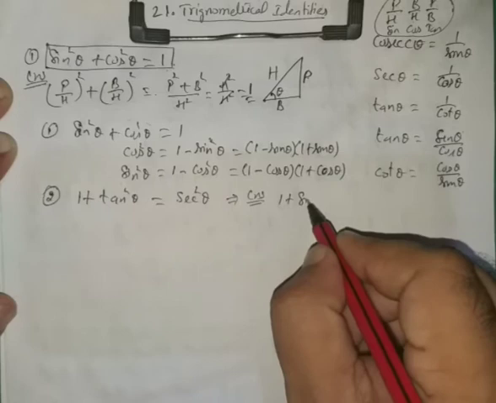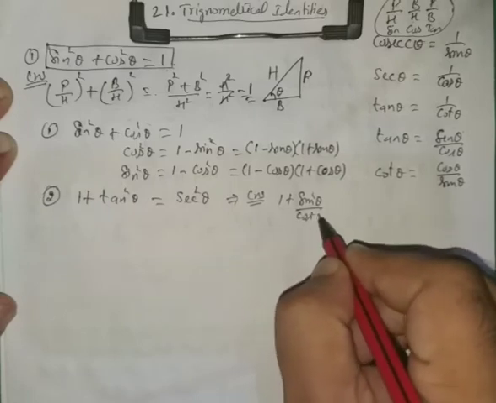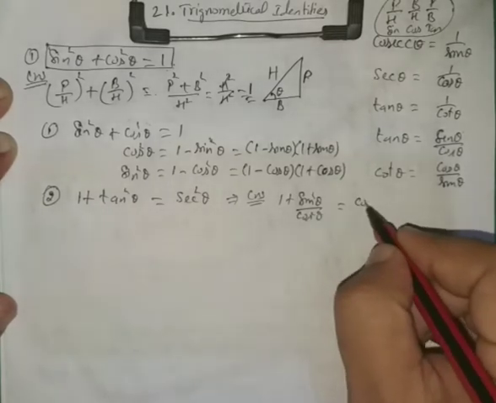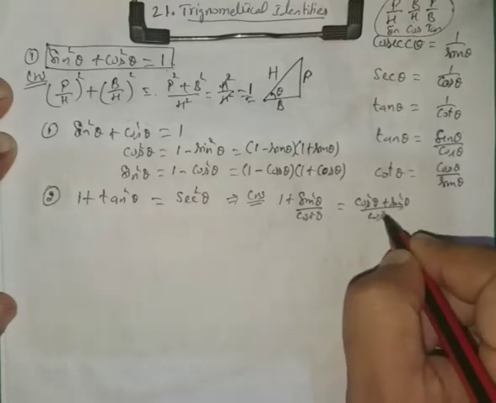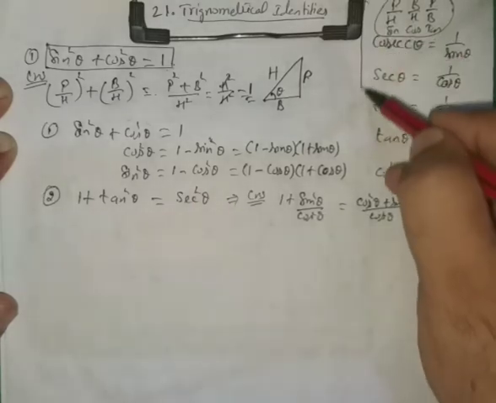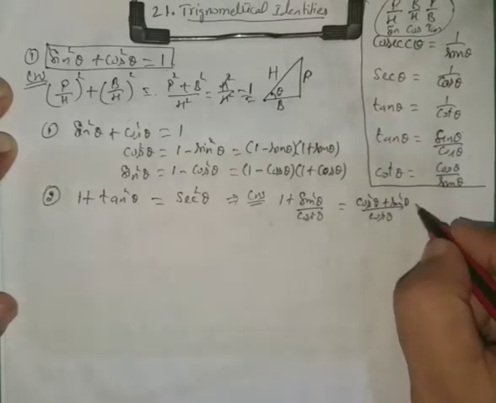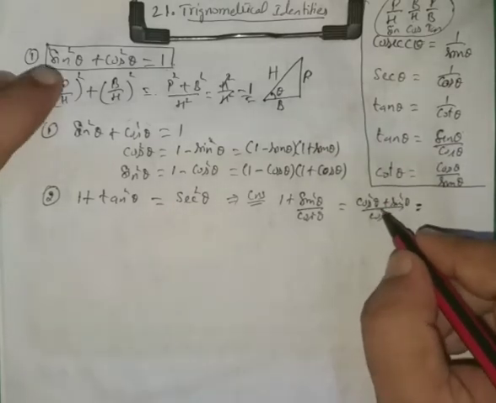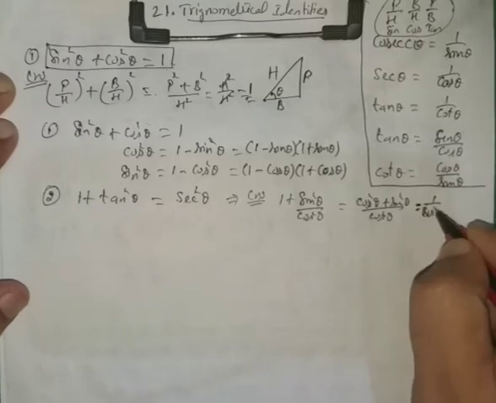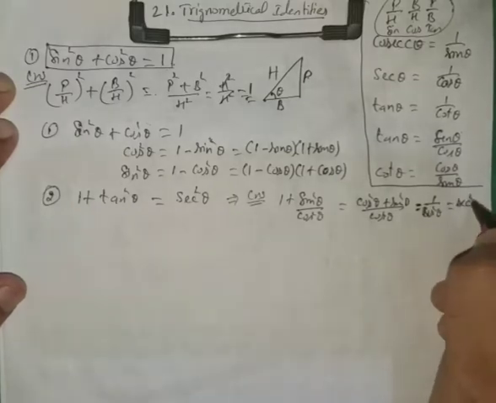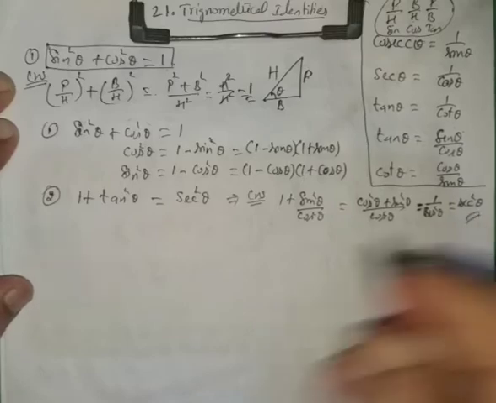So this will be 1 plus sin square theta over cos square theta, and by taking LCM, this will be cos square theta plus sin square theta over cos square theta, and this, by the first identity that we have done, is equal to 1 over cos square theta, sorry. So this will be equal to secant square theta. So this is the proof part of this.